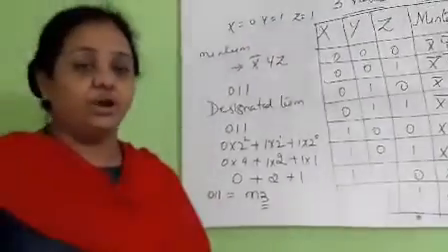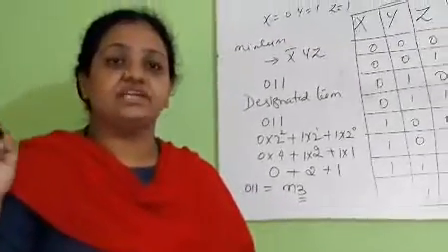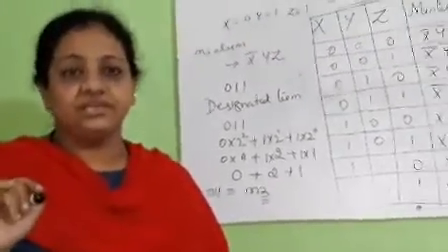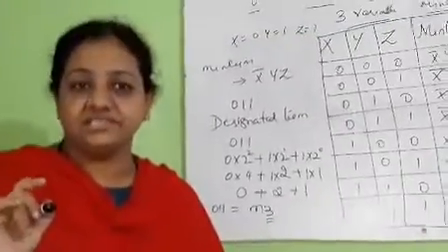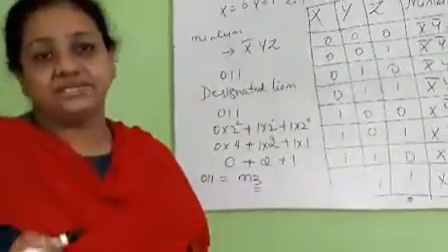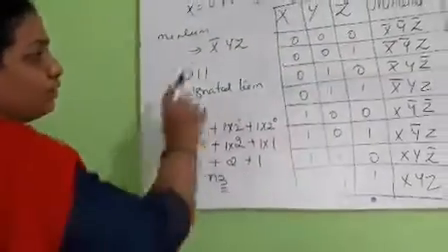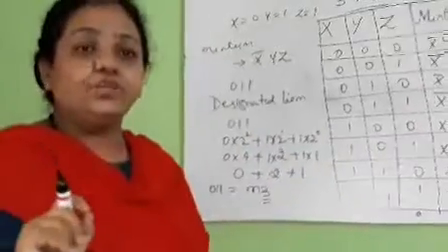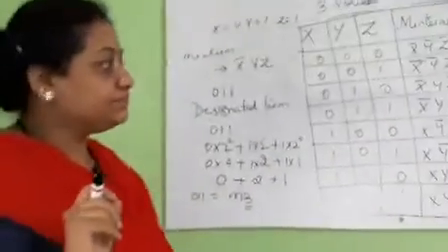Hope you recall the conversion you have studied in first year PUC, the data representation chapter, where you were taught to convert a binary number to a decimal number. This is the way we obtain the equivalent designated term.